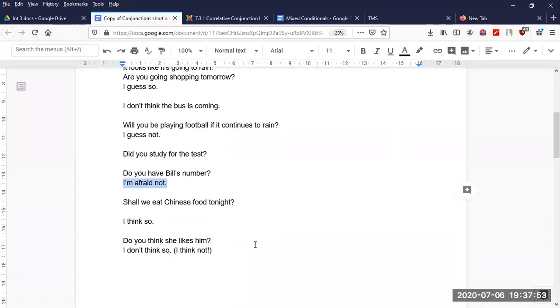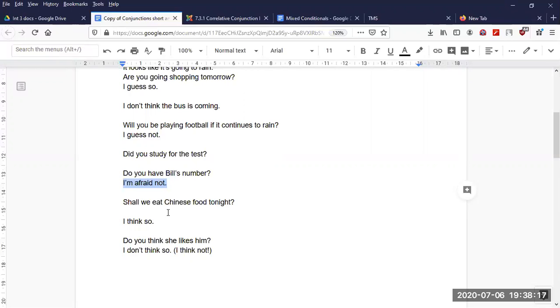I think so can be used with a lot of things. Statements, questions. If you believe something is true, then we use I think so, or I don't think so. So shall we eat Chinese food tonight?